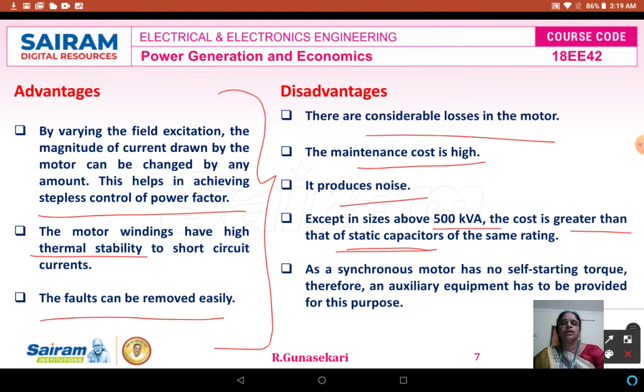The synchronous motor has no self-starting torque, so auxiliary equipment has to be provided to self-start it. These are the disadvantages of the synchronous condenser.